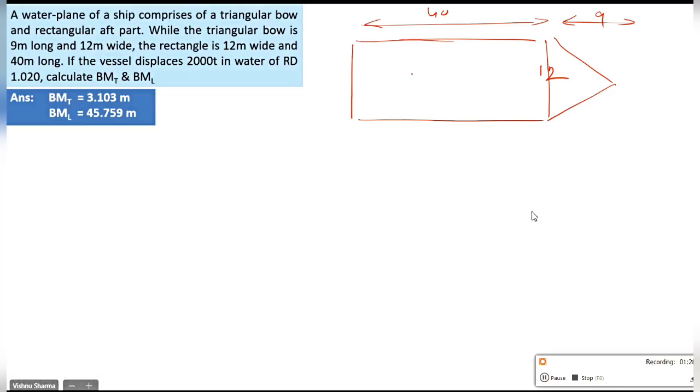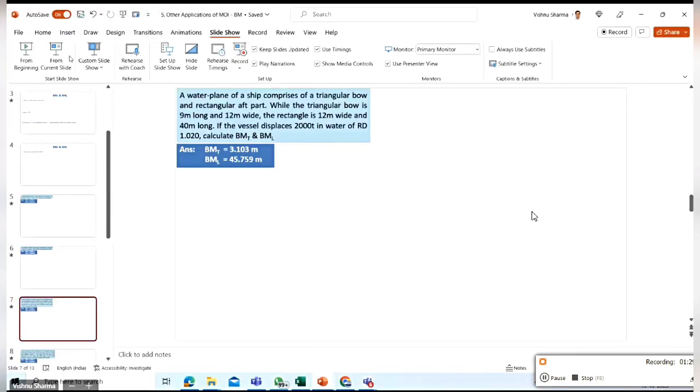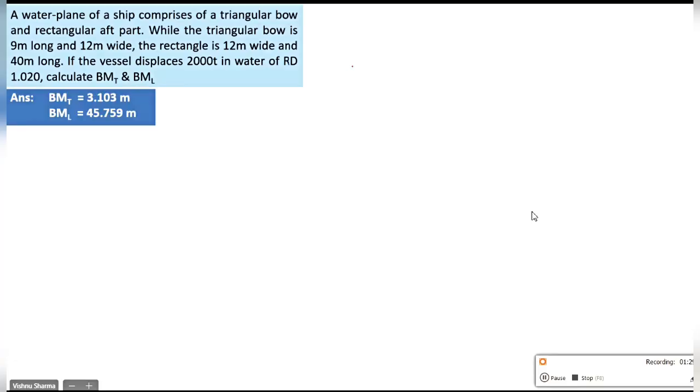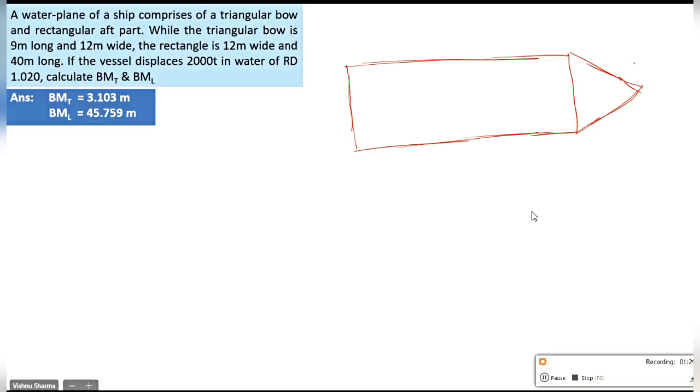If the center of flotation is here, the athwartship axis will come here. So it becomes important to know where along the length the center of flotation lies, and we have to calculate LCF before we can draw the athwartship axis. It was not required in the previous case because the water plane area was symmetrical about the center line, so we could get away without calculations. But in this case, you cannot get away without calculations. So we'll have to find LCF.